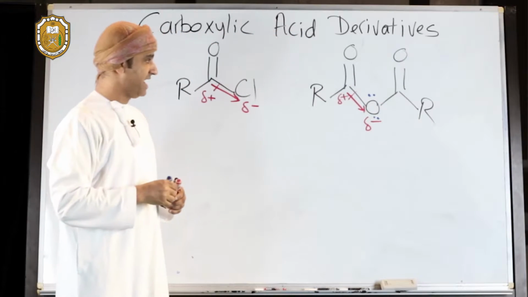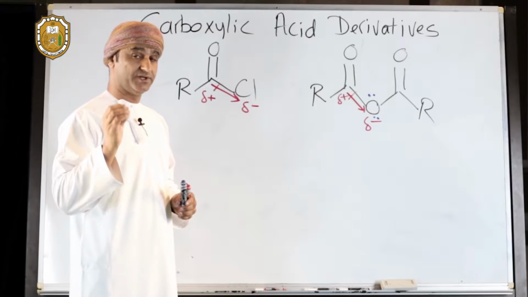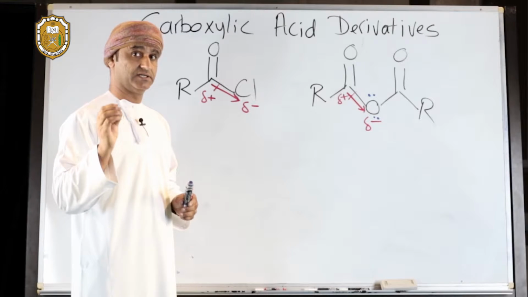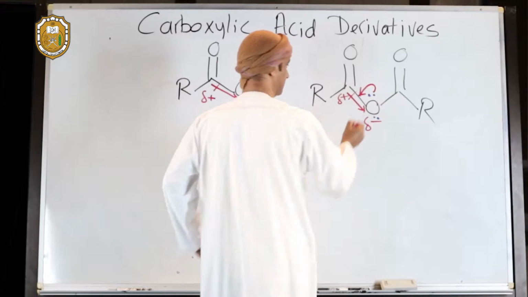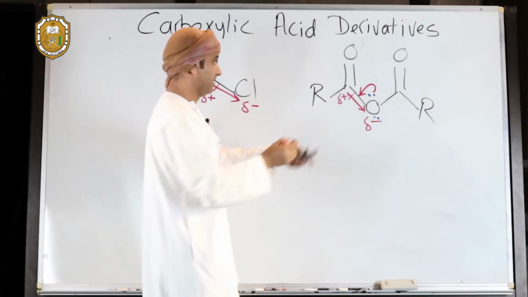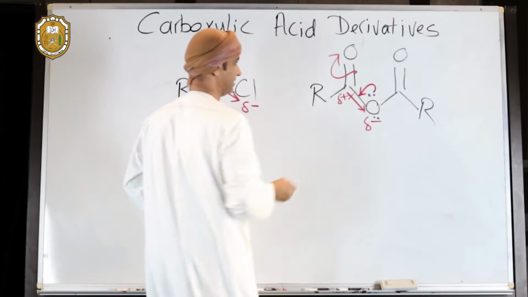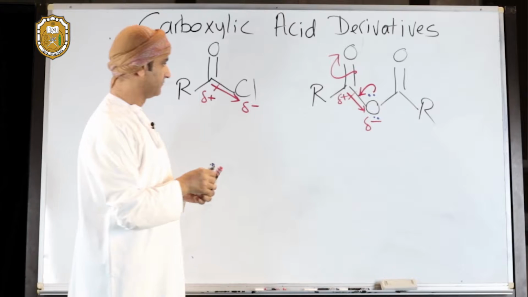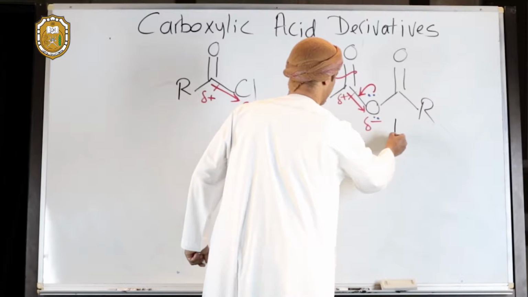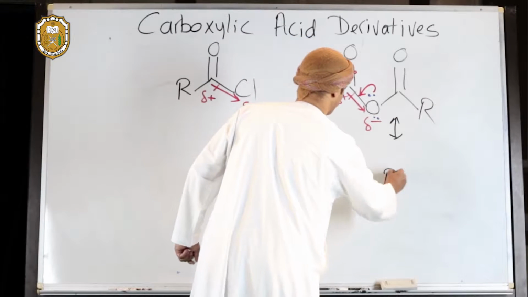Now, because of that, oxygen can donate electrons by resonance. So we can actually do resonance here. We can take that lone pair to make a double bond here, and of course, that carbon-oxygen bond is therefore broken. If we do that, then we get another resonance form here.